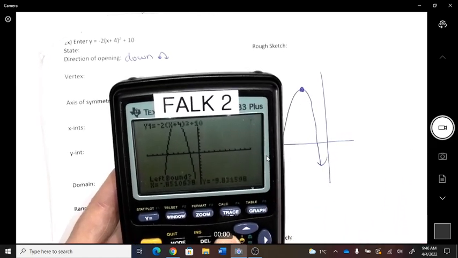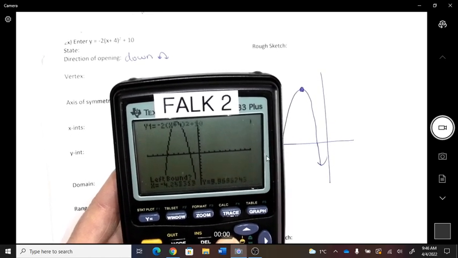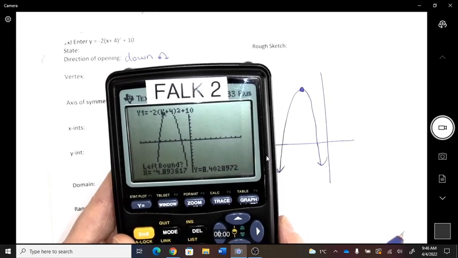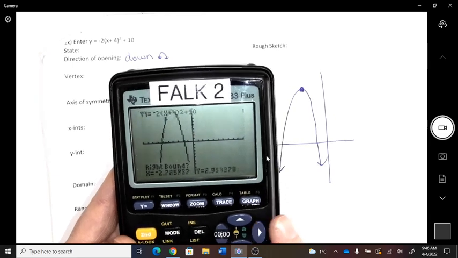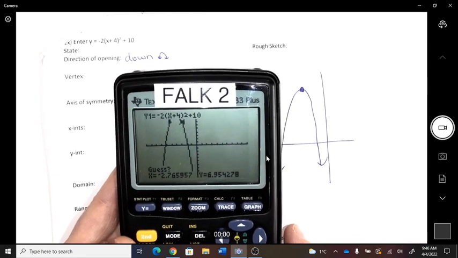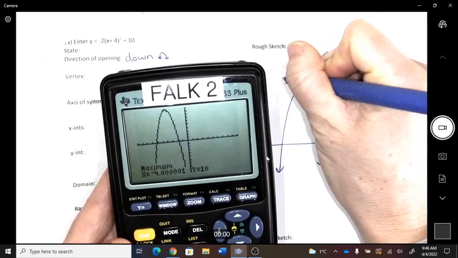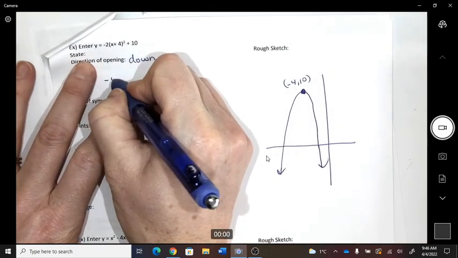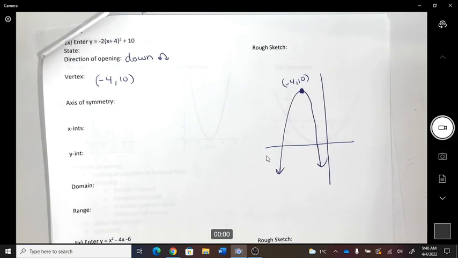I can move my mouse to the left, or some of you might have just entered a number. Enter. Move my mouse to the right. Enter. Enter again. Did it work? -4, 10.